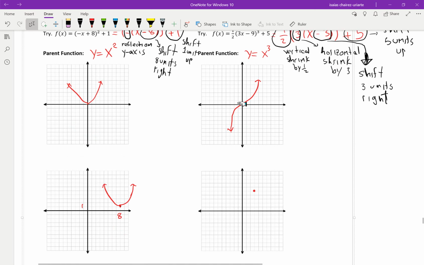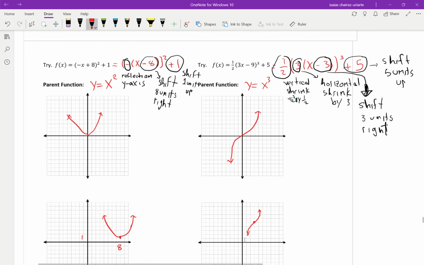Well, I moved it 3 units to the right, 5 units up, and my graph is now skinnier. So I'm going to do something like that. I know that it's hard to see the vertical shrink and the horizontal shrink, but you get the idea. They're supposed to be there. It's supposed to be skinnier than the original one.